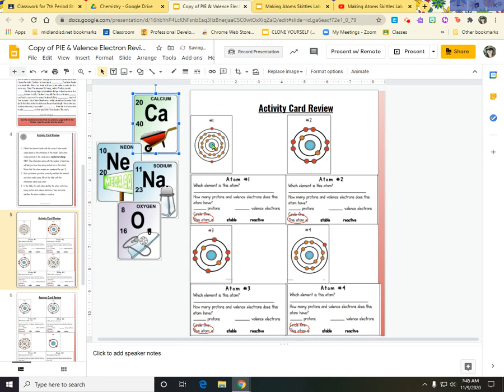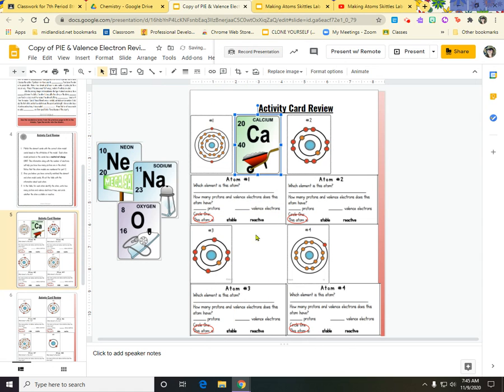Well, we can't see the protons, but we can see the electrons, which means since protons and electrons are equal, we will know the protons if we count the electrons. So on this one, I have 2 electrons in the first shell. I have 8 in the second shell. That's 10. Then I have 2, 4, 6, 8 in the third shell. That's 18, 19, and 20.